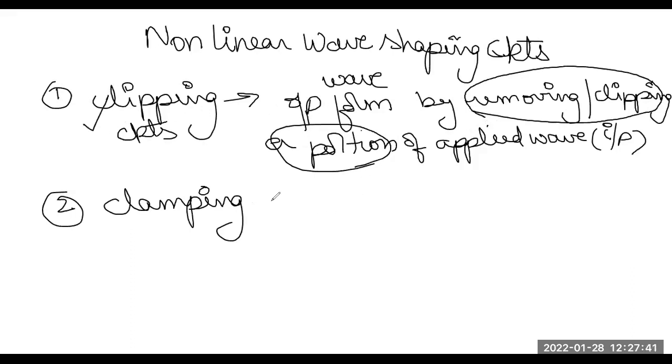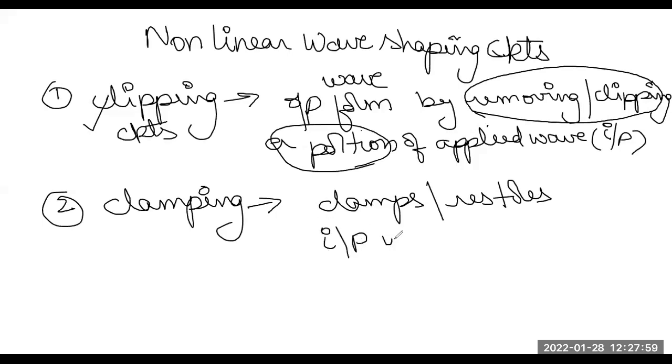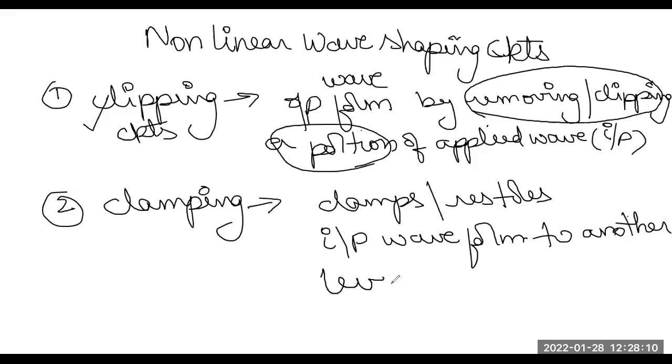Now, the clamping circuit is nothing but again a wave shaping circuit which clamps, or we say restores, the input waveform to another level. Such a type of circuit we call a clamping circuit.